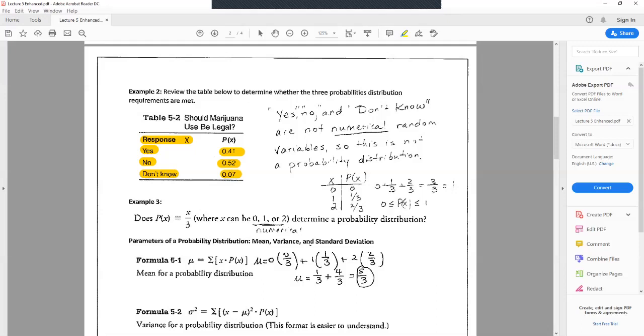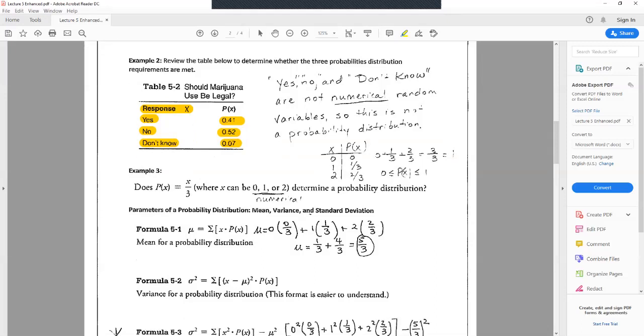Example 3. Does P of x is equal to x divided by 3, where x can be 0, 1, or 2, determine a probability distribution? Let's go back and check the three requirements. Do we have a numerical random variable x? Yes, x can take on the values 0, 1, or 2. And would the sum of the probabilities be 1?